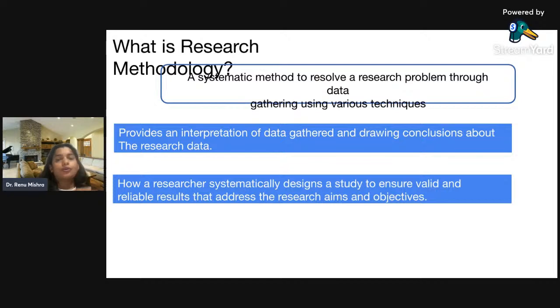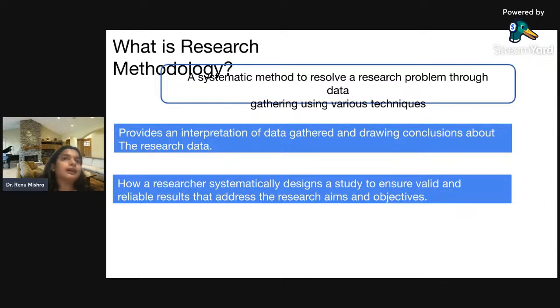You need to make sure that you say why you have chosen it. Justification is very important. Second thing, your methodology is determined by what kind of research objectives you have.